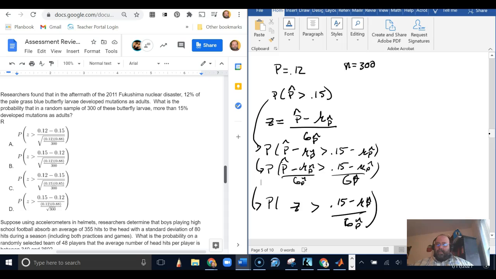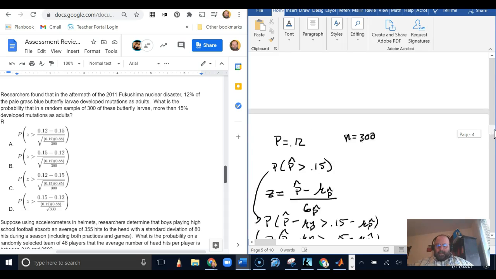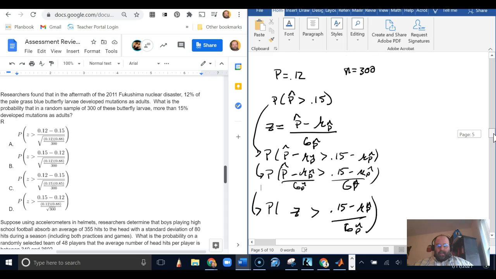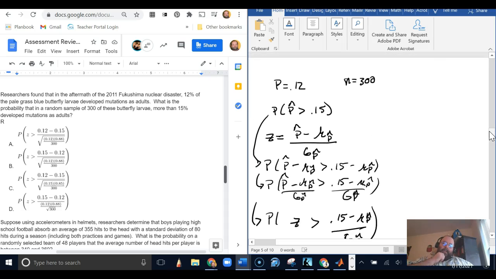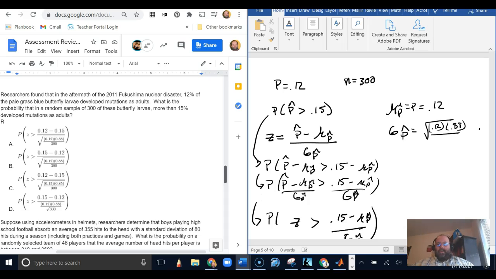Because this is a sampling distribution, we know that the mean of the P hats has to be equal to P, which is 0.12. The standard deviation of the P hats is going to be the square root of 0.12 times Q, which would be 0.88, over the sample size, which is 300.